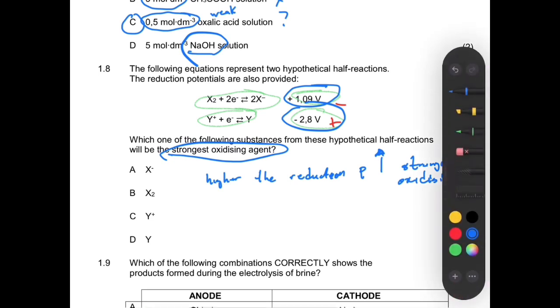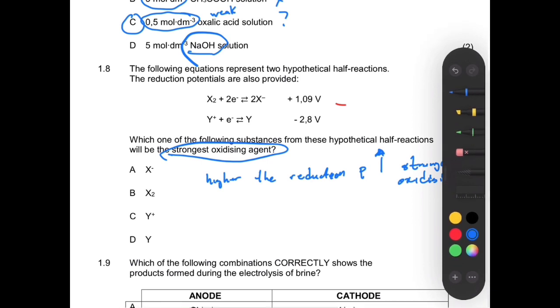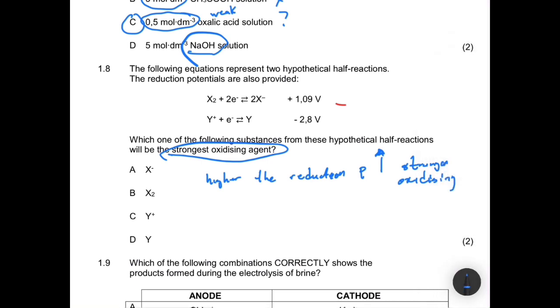Let's look at our equations again. Clearly on equation 1, X2 plus 2 electrons giving us 2X minus has a reduction potential of 1.9 volts, compared to the second equation, which has a reduction potential of minus 2.8.